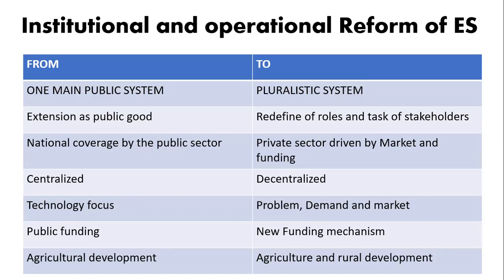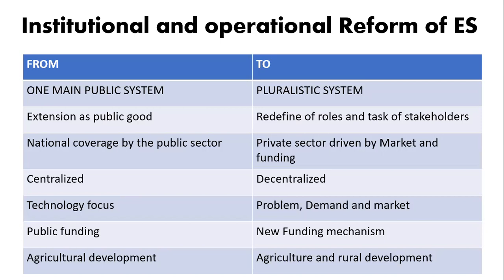And currently it is centralized, and centralized decision making has always not given good results, and has not positively impacted the development of the agricultural sector. It should always be decentralized, right? And the extension system currently only talks about technology focus, but it should be problem solving, demand and market, what they are requiring. Those are the things we have to consider.